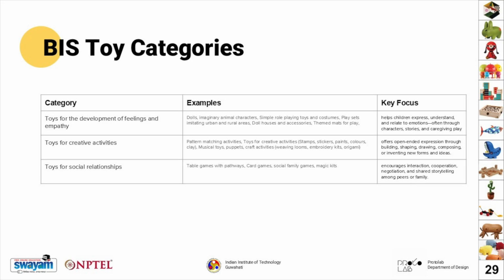These toys help children express, understand, and relate to emotions through storytelling, nurturing, and imagining different perspectives. The design emphasis here is on characters and worlds that children can emotionally connect with.